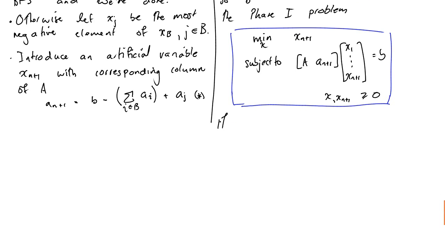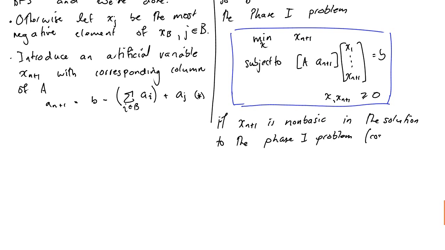So if xn plus 1 is non-basic in the solution to the phase 1 problem, it'll be 0, and the cost will be 0.